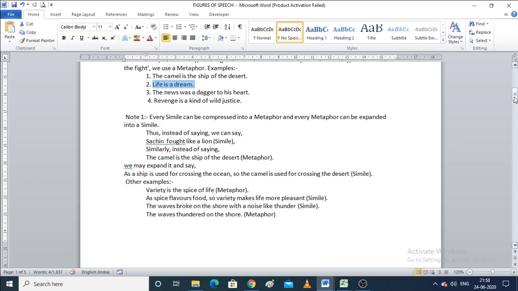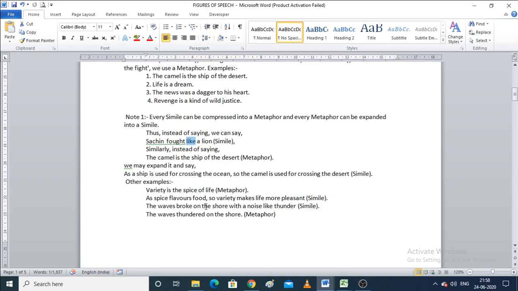That is, a metaphor can also be expanded into a simile. For example, we can say Sachin fought like a lion. We have used the word like, so it is a simile, whereas you can say Sachin was the lion of the fight. So it would be a metaphor, right?